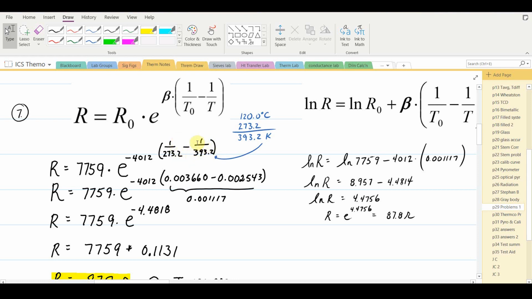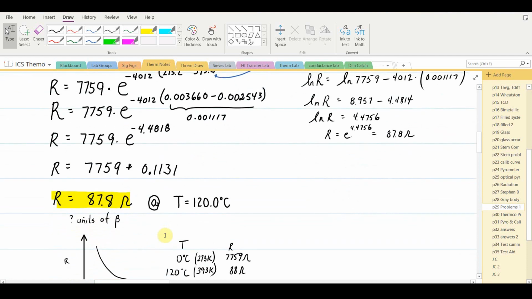So the numerator here evaluates to, 1 over 273.2 is 0.00366. 1 over 393.2 is 0.002543, and the difference is 0.001117 multiplied by negative 4012 gives us negative 4.4818, and e to that number is 0.1131. Multiplying that by 7759 ohms gives us 87.8 ohms, and that was at 120 degrees Celsius or 393 Kelvin.